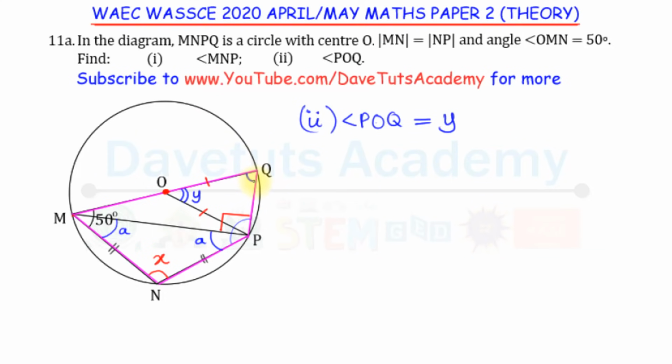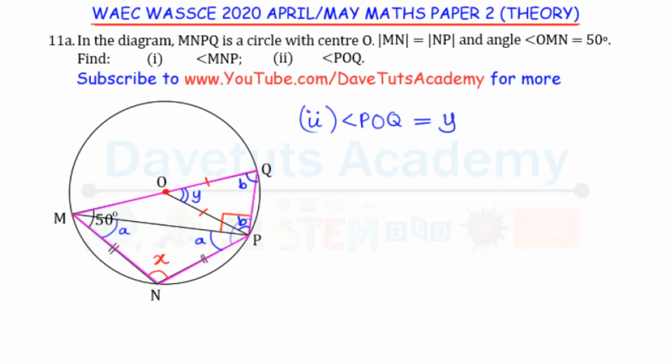So this angle here, if I call this B, then this angle here is also going to be B. Why am I saying that? Because they are the base angles of this isosceles triangle.